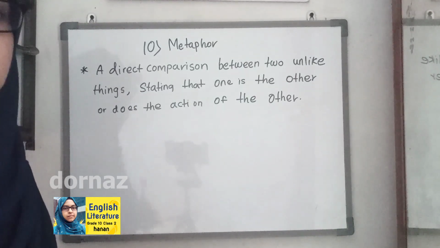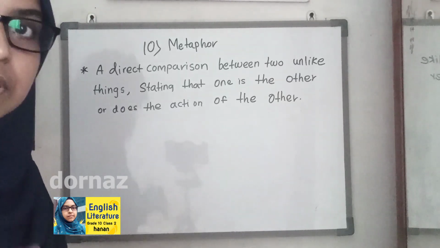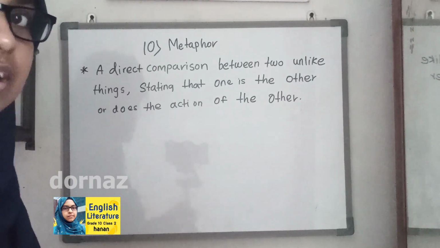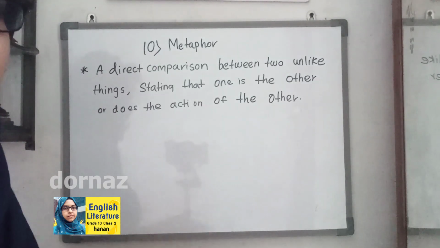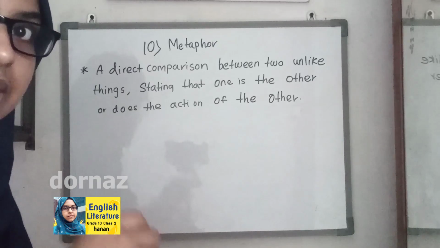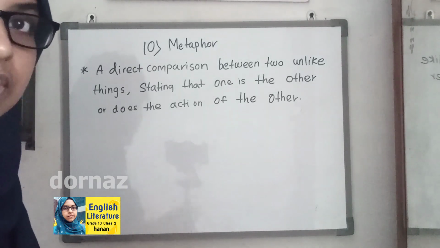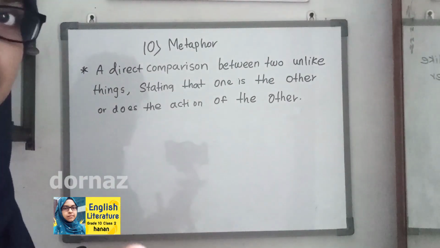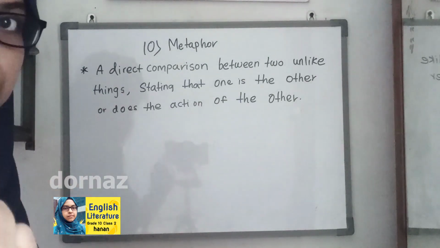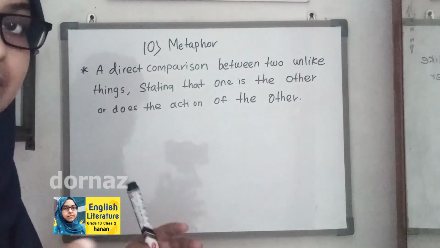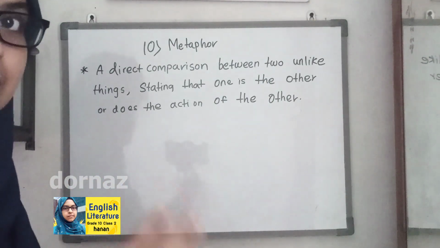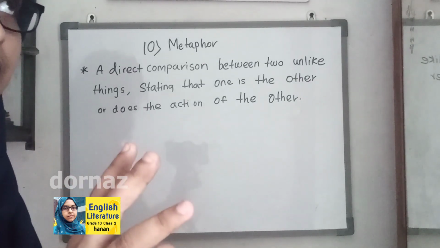Her face is moon. If we say her face is like moon, it is called a simile. We will try to understand that later. But we are not going to say her face is like moon. Her face is moon. We are directly comparing these two, a moon and a girl's face. There is no word like.